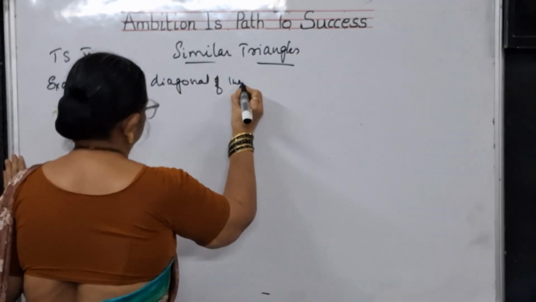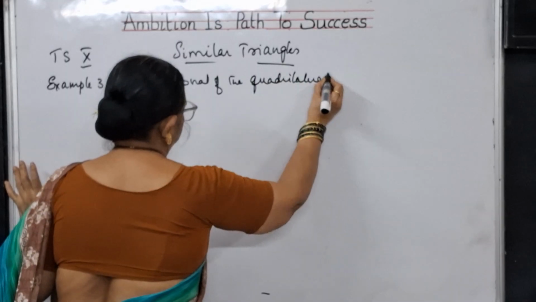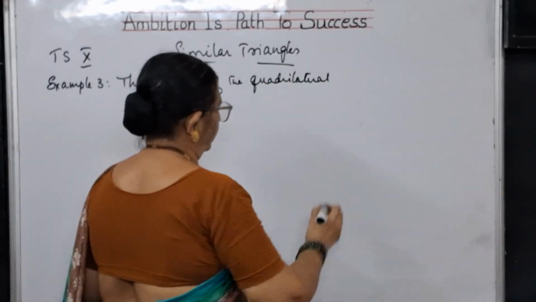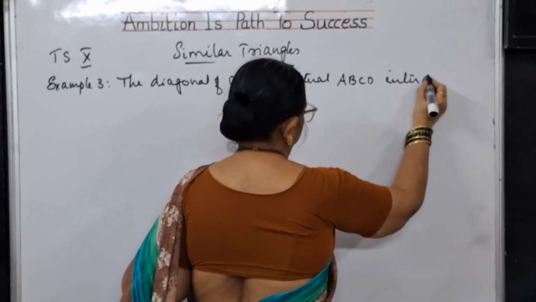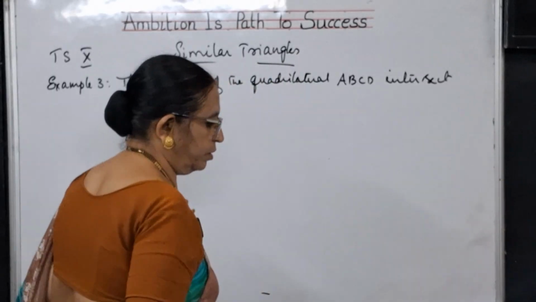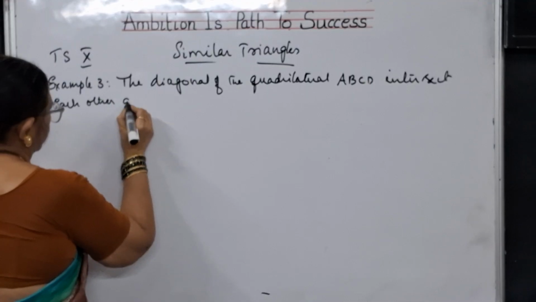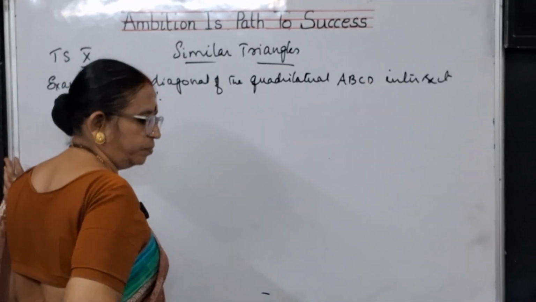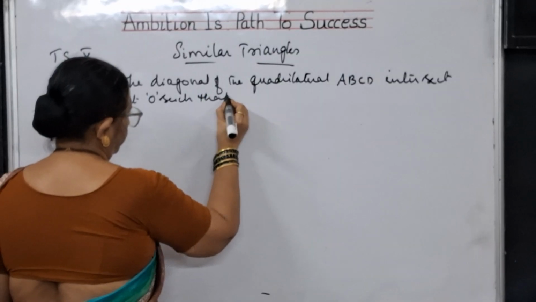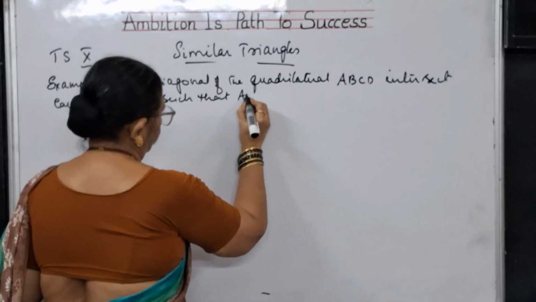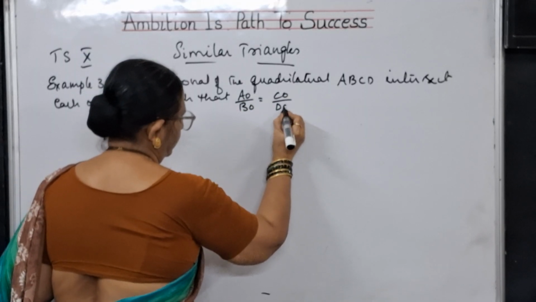the diagonal of the quadrilateral ABCD intersect each other at O such that AO by BO is equal to CO by DO.